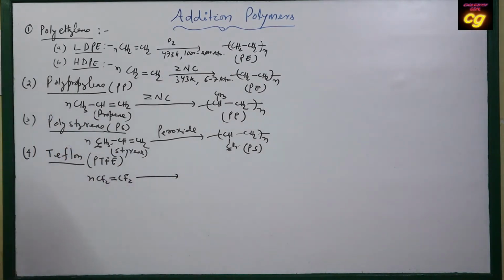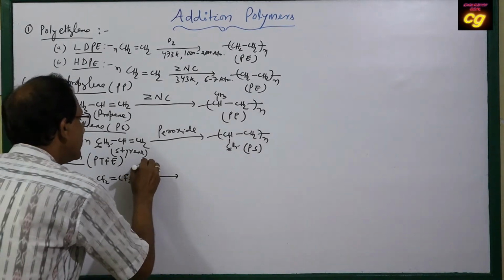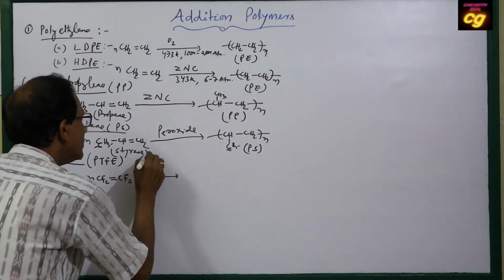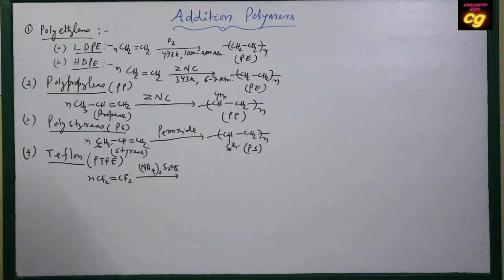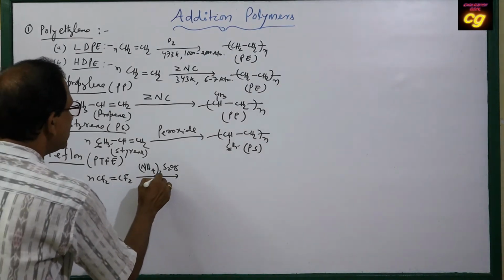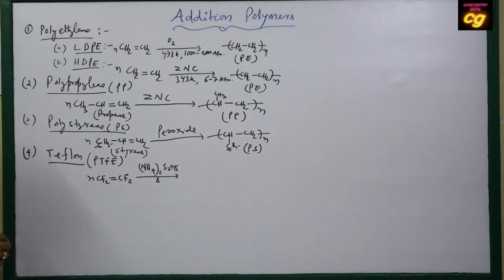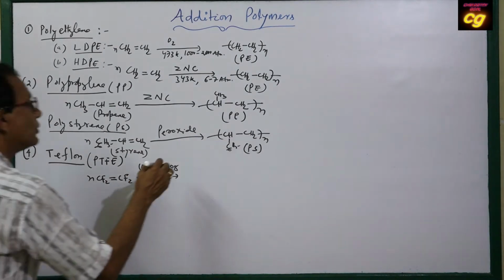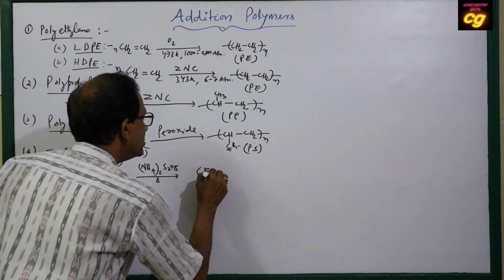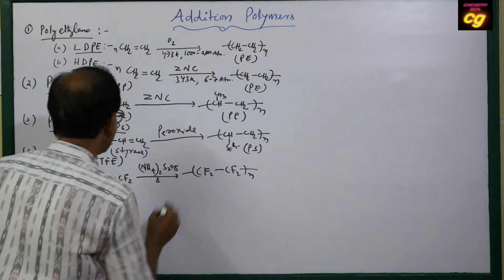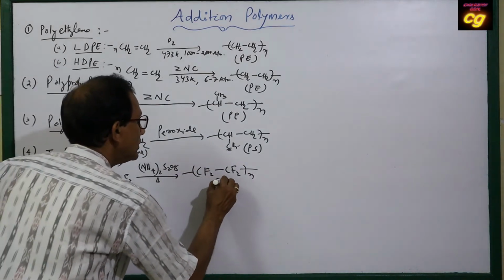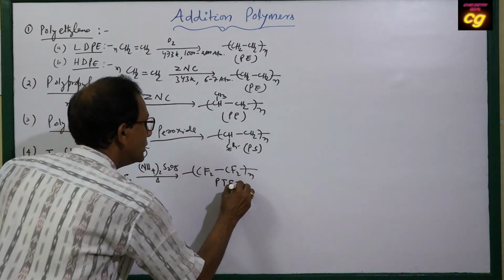It polymerizes when heated in the presence of ammonium peroxysulfate as a catalyst, producing the polymer, CF2 single bond CF2, whole bracket N. This is called polytetrafluoroethylene.